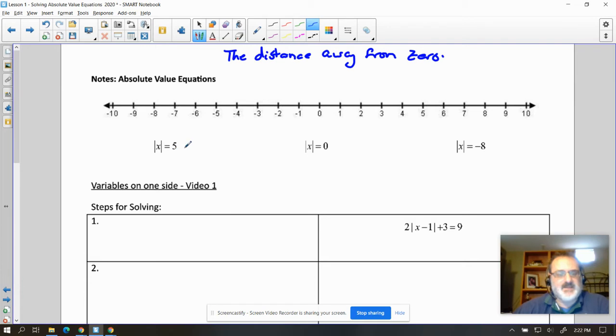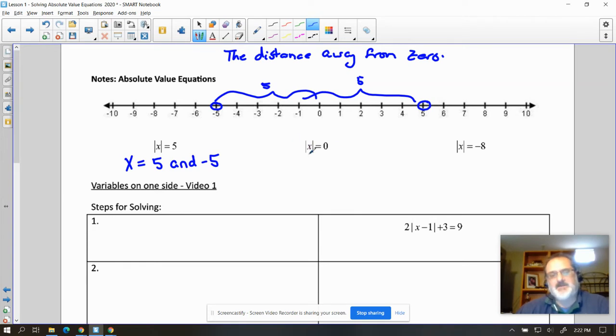What value of x gives us a distance of 5 away from zero? Well, 5 is 5 away from zero, but negative 5 is also 5 away from zero. So this actually has two solutions, x equals 5 and negative 5.